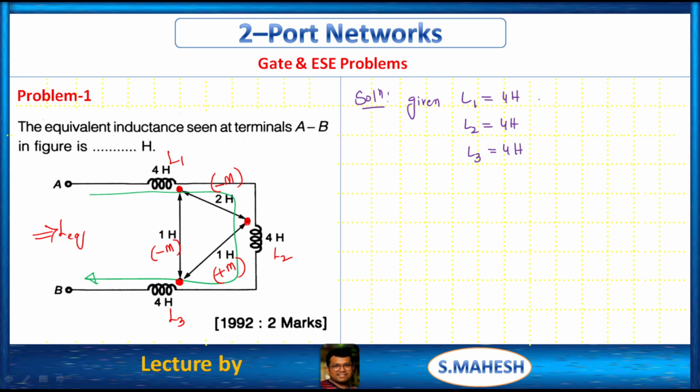What about mutual inductance between 1 and 2, which is minus 2 Henry, or you can write minus M. Like that, between 2 and 3, which is positive, 1 Henry, plus M. What about 3 and 1? Minus 1 Henry, which is minus M.